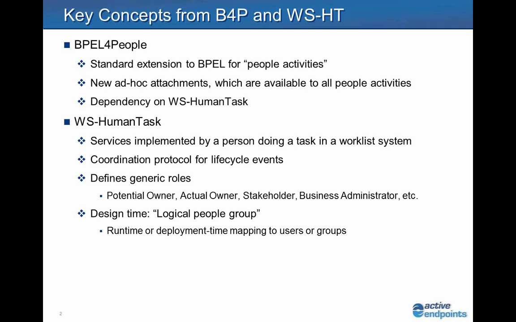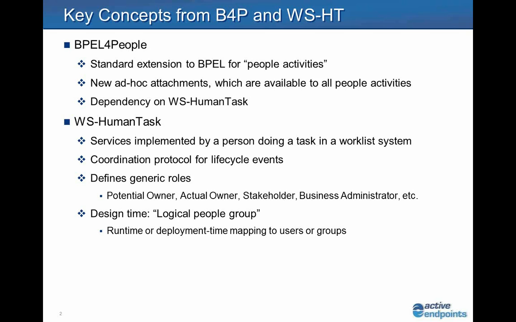What WS-Human Task does is it makes it so that the work done by a person, whether it's something like approving a loan or approving a hire, looks to the service-oriented architecture as if you were calling a service and then getting back a response. So it standardizes how that's done.